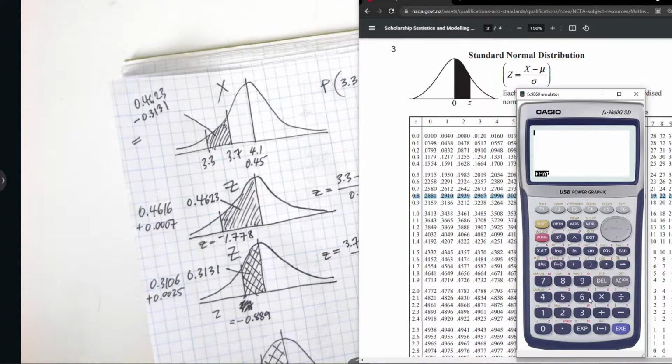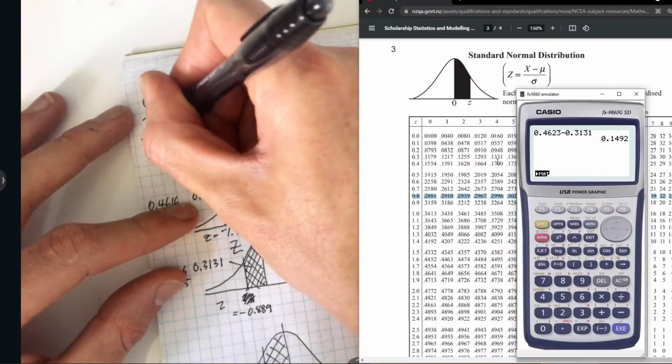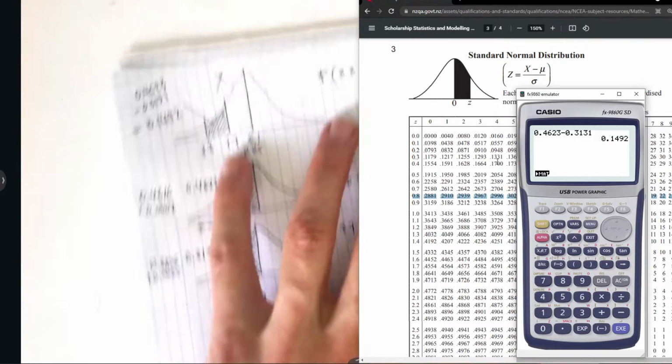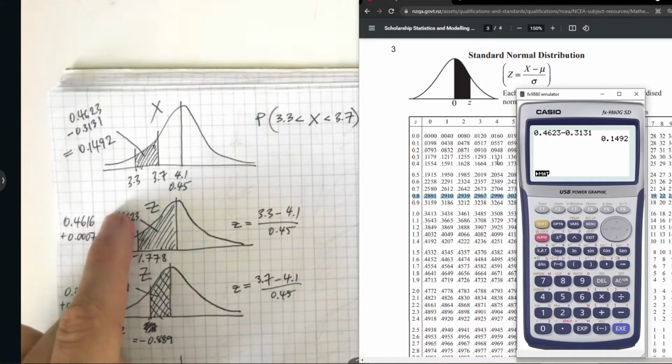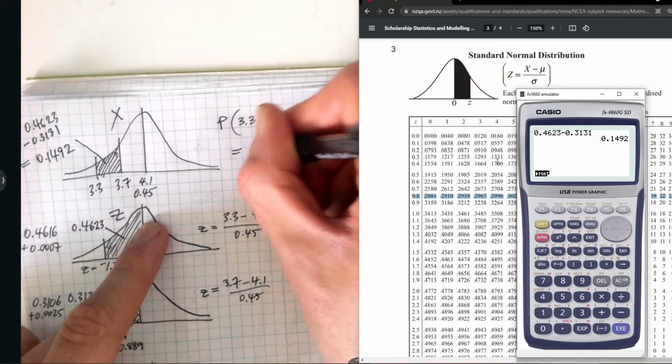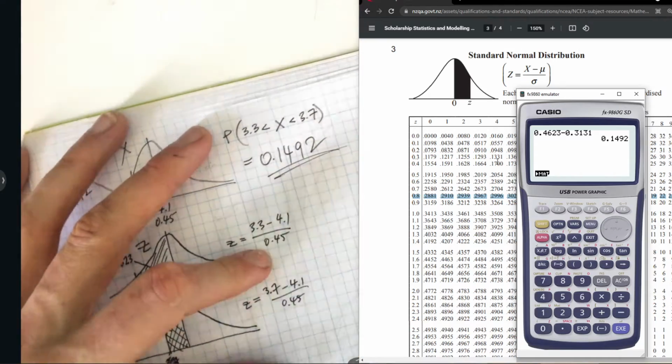So that's the final piece of logic. These are the hardest of the straightforward questions. So yeah, that means we're going to be left over with 0.1492. So therefore the probability that a pumpkin is between 3.3 and 3.7 is 0.1492. There you go.